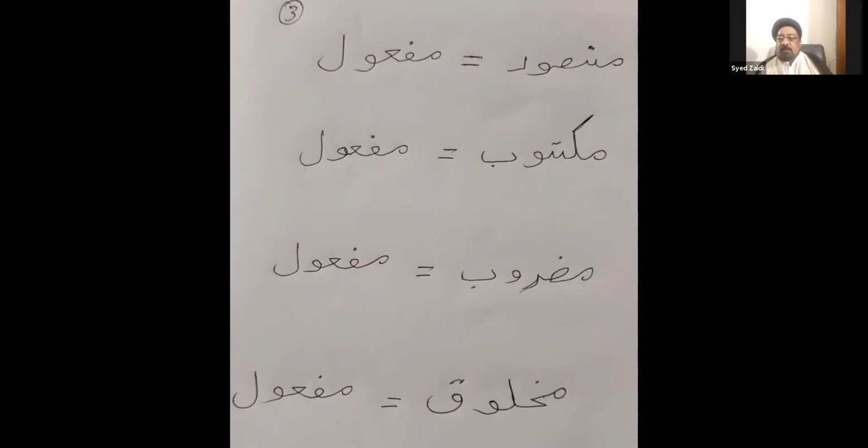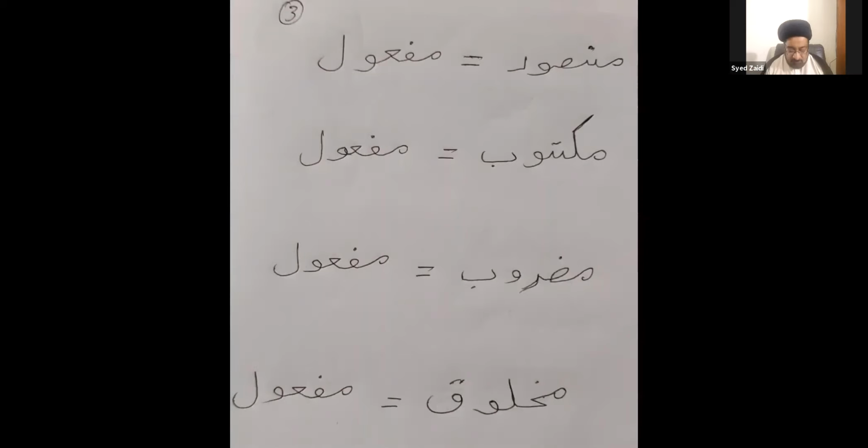Makhluq. As we have learned earlier, the doer of the action is fa'il, and khaliq, as we learned before, was the doer of the action. Khaliq, somebody who creates. And now we see makhluq, the creation. Something that was created would be called makhluq.